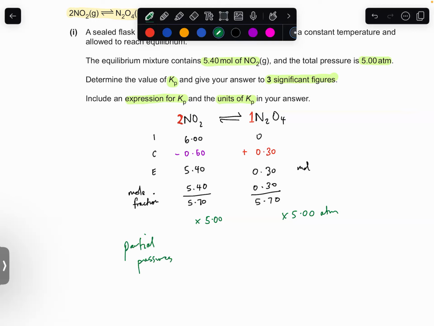We can give the answer to 3 sig figs, 4.74, and the other one will be 0.26. Something to bear in mind is that if you add these up, it will give you the total pressure of the system, which is supposed to add up to 5 atm, which it does. So we've got our partial pressures.